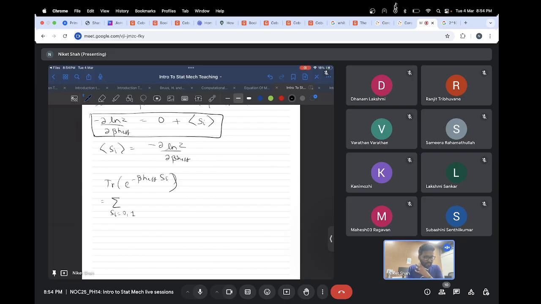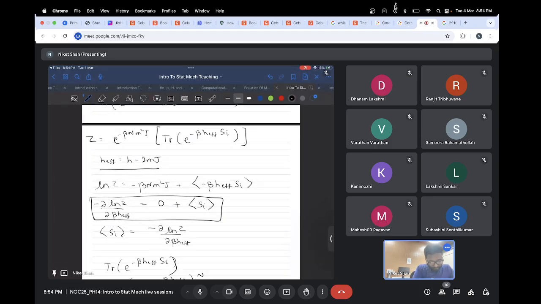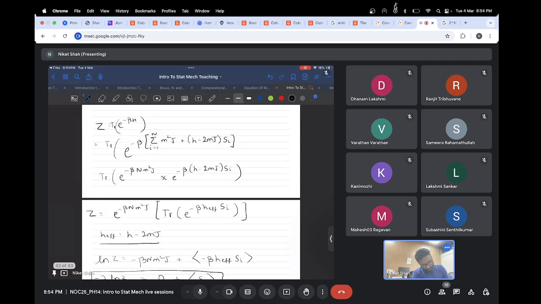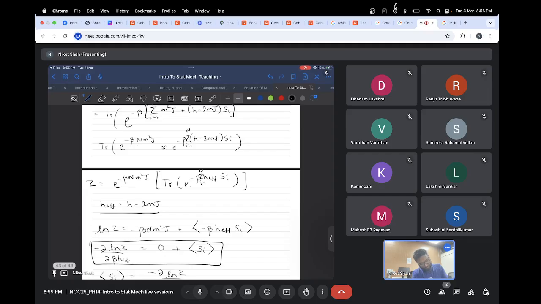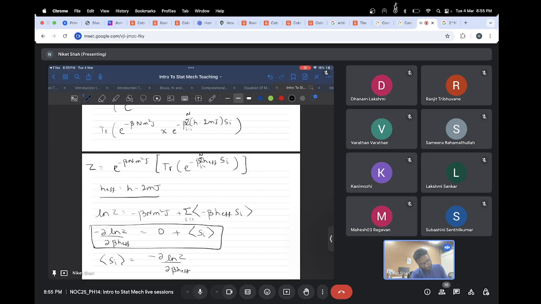So the trace actually gives me 1 plus e raised to power minus beta h effective, and this has to be raised to n, for i equal to 1 to n.